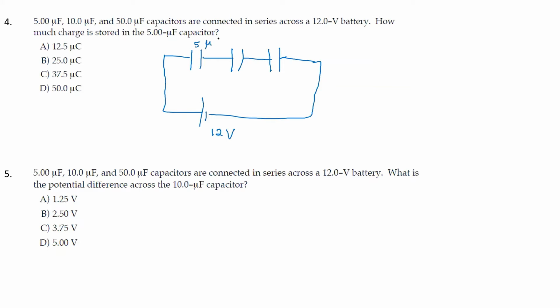This is 5 microfarads, this is 10 microfarads, this is 50 microfarads. They are asking how much charge is stored in the 5 microfarad capacitor. Whatever the charge given by the battery, plus Q or minus Q, all the capacitors are going to have the same charge, right? So whether it is the 5 microfarad capacitor or either of the other two, it's the same.